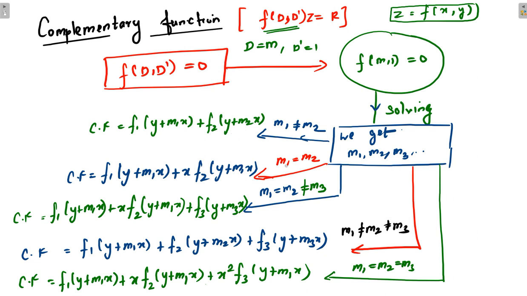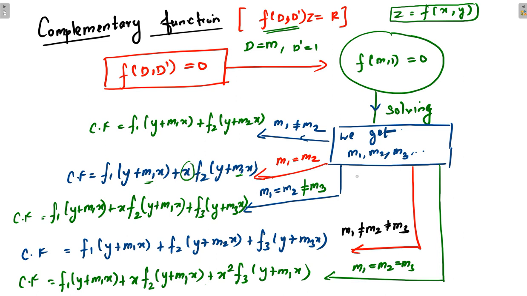Suppose both roots are equal, m1 equal to m2, then you have to use this formula: f1 of y plus m1x plus x into f2 of y plus m1x. Here we are applying the same value, but instead of the same value you have to apply x.